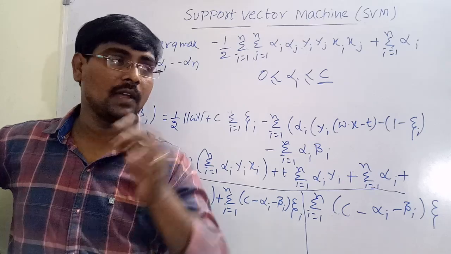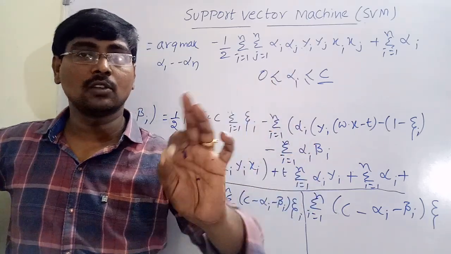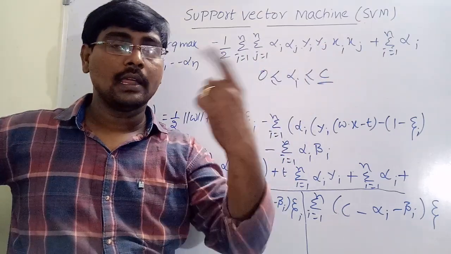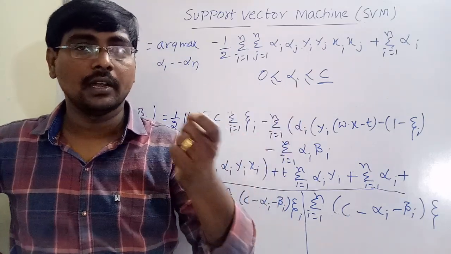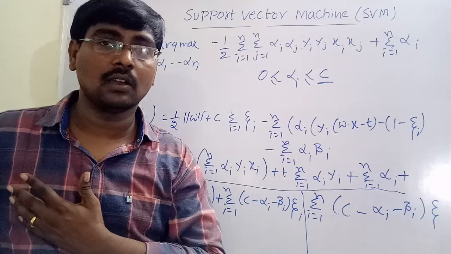Here my function f is 1 by 2 w square, subject to yi into w xi minus t greater than or equal to 0.